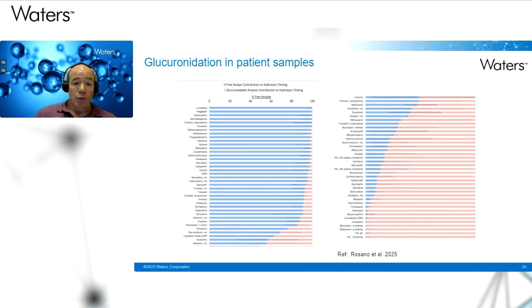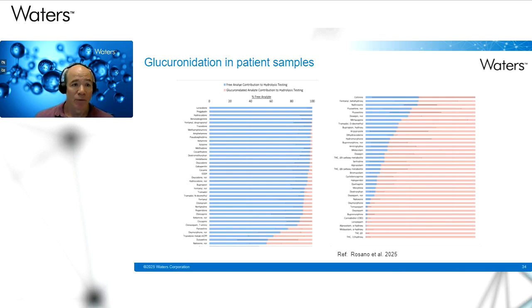Some of the issues we can run into if we don't fully deconjugate are basically underestimating the drugs that we've got in our sample. Here's a figure from a poster that was presented by one of our colleagues, Dr. Tarmazzano, at the Society of Forensic Toxicology this fall. It'll be published in a paper later on, but it shows the degree of conjugation of a number of forensic analytes.